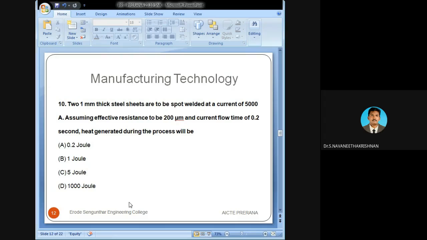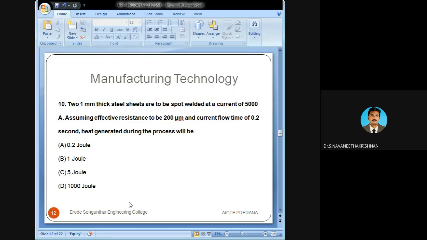The current flow time is 0.2 seconds. So how much heat will be generated during the process? That is the question.